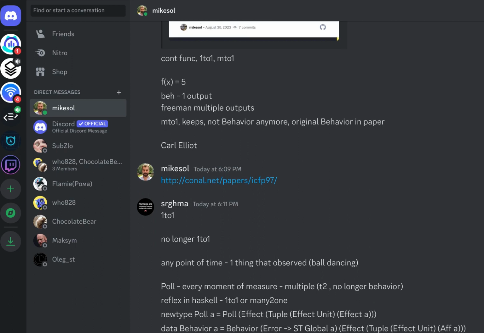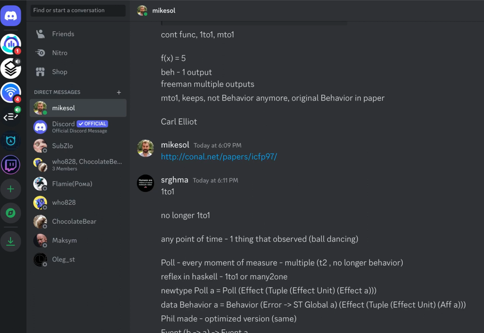You can have event B to A and then output empty. And if you output an empty event, then it's the same as outputting something that doesn't do anything, which is not a continuous function of time at all. So Phil's definition allows for you to do those things, which is why the term behavior doesn't quite correspond to it.